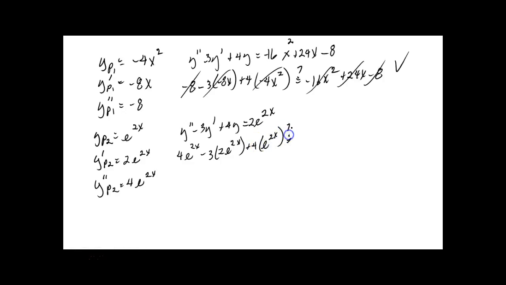Is that equal to 2e to the 2x? Well, let's see. That's 4e to the 2x minus 6e to the 2x plus 4e to the 2x. And that would be 8e to the 2x minus 6e to the 2x. Sure enough, it is 2e to the 2x.